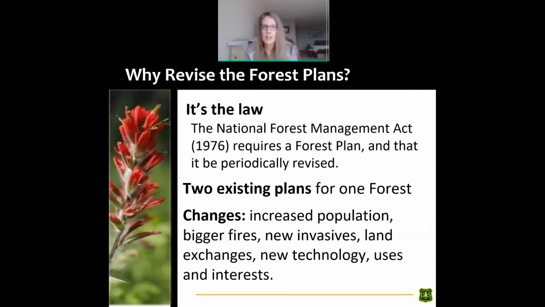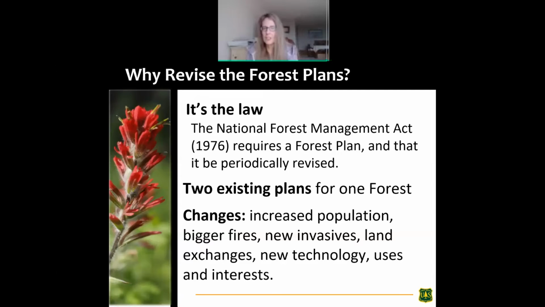So it's a big lift, quite expensive and time consuming for a forest to revise its plan. And so they don't often get done every 10 to 15 years. So we do have two plans now for one forest, and those plans, the Custer plan and the Gallatin plan, are quite different. So it's time to combine the two plans into an integrated plan for the forest.